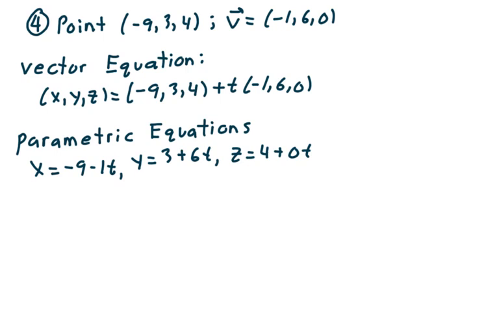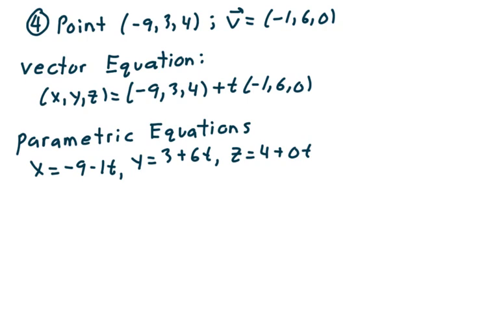Number 4, suppose we have the point (-9, 3, 4), and the vector v, which is (-1, 6, 0). The vector equation is (x, y, z) is (-9, 3, 4), that's the position vector of the point, plus t times (-1, 6, 0). (-1, 6, 0) is the vector that runs parallel to the line we want.